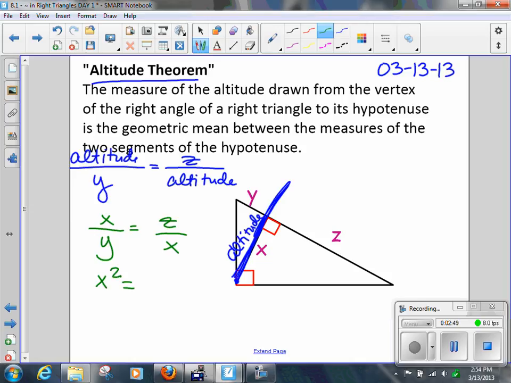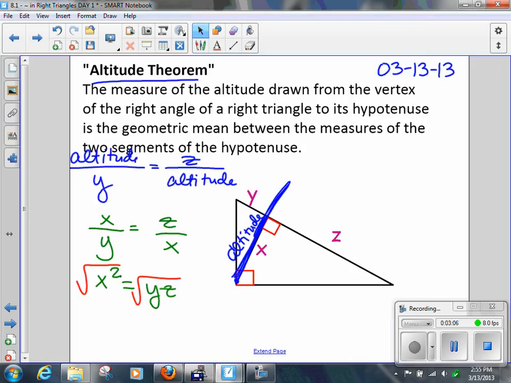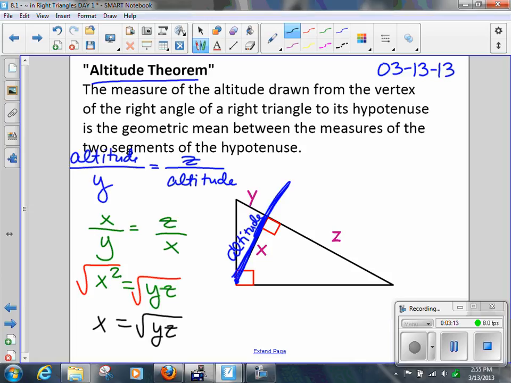X squared. What's y times z? YZ. If I had to solve for x, I would take the square root, and what you do to one side, you do to the other. So x is equal to the square root of the product YZ. Isn't that the same thing we did yesterday? Heck yes. That's finding the geometric mean of two numbers.